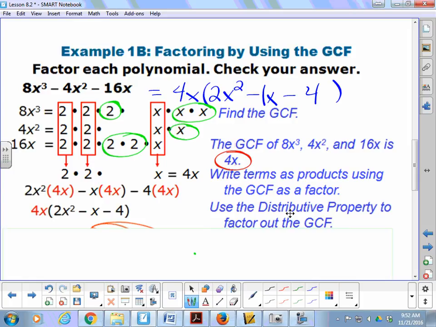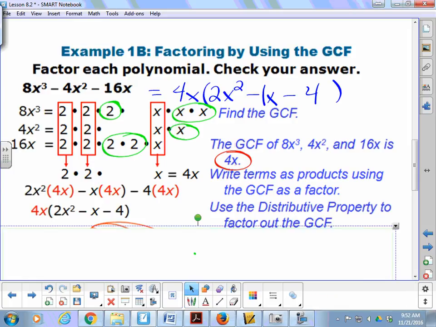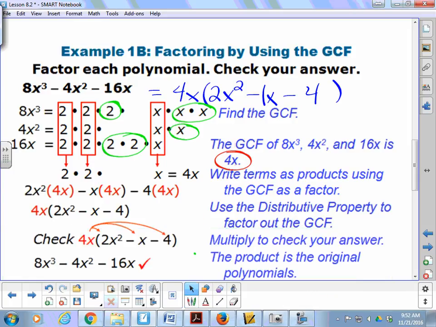And then it's never a bad idea to check your answer by distributing. Now, I expect that most of you won't, but it's not a bad idea. Right, Mr. Valentine?